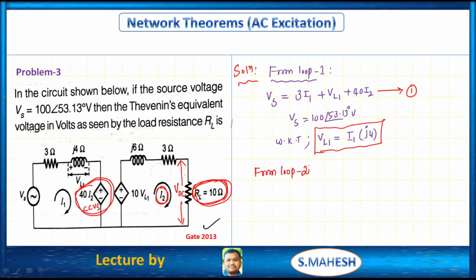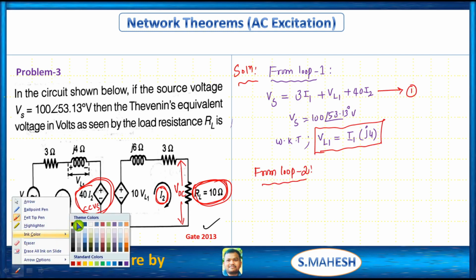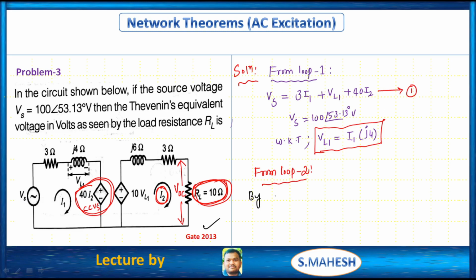Next, from loop 2, because this is open circuited, by inspection we can say I2 is equal to 0, since the load is removed.